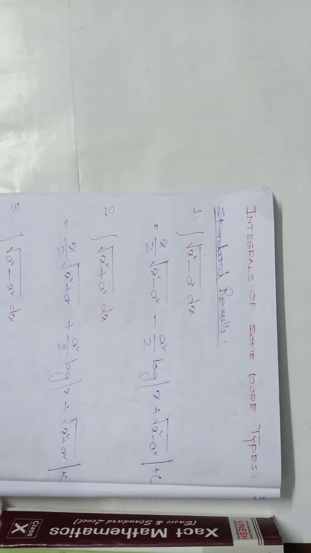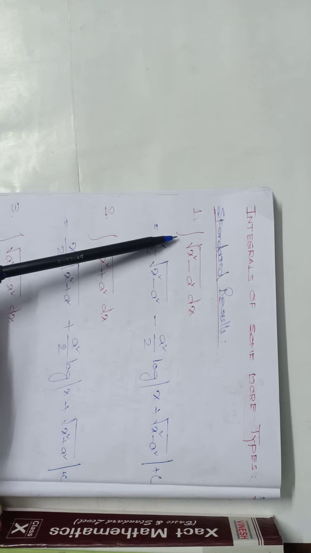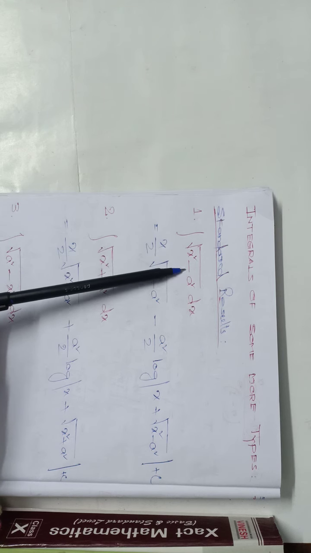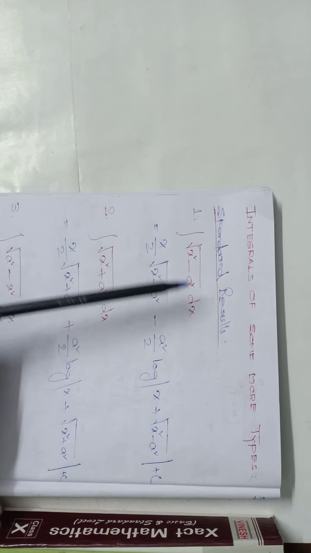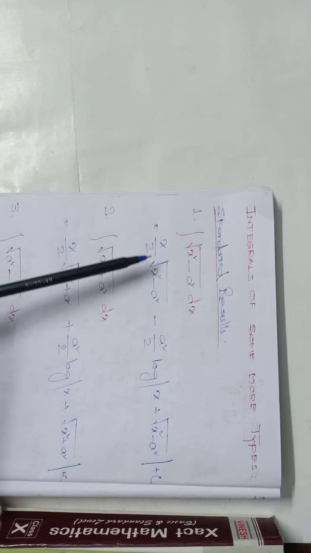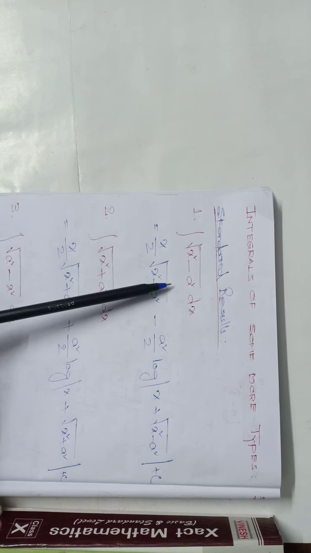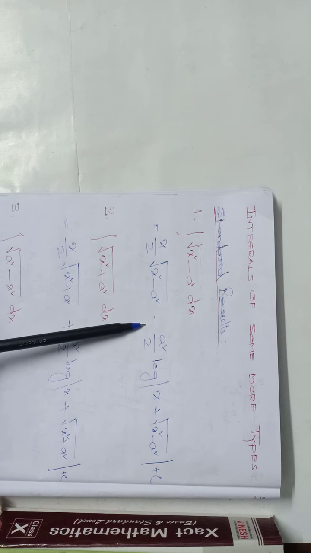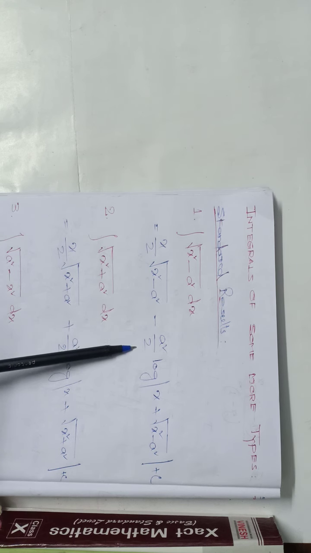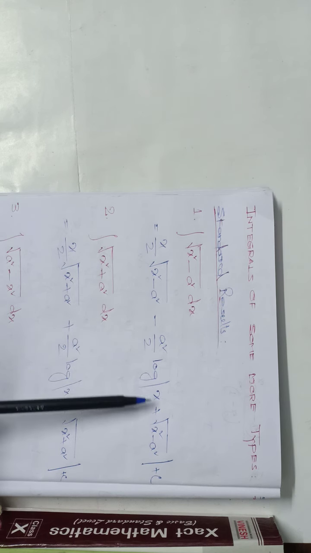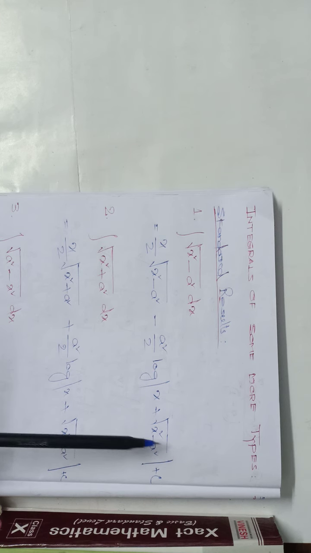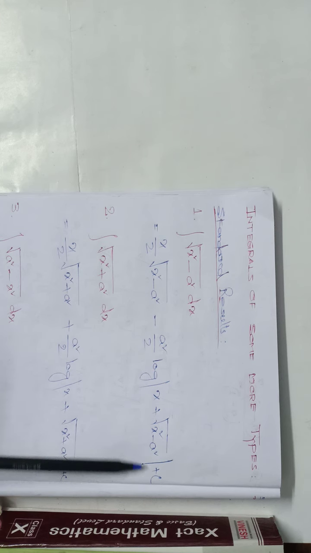So students, first one is integration of root over x square minus a square dx equal to x by 2 root over x square minus a square minus a square by 2 log mod of x plus root over x square minus a square plus c.